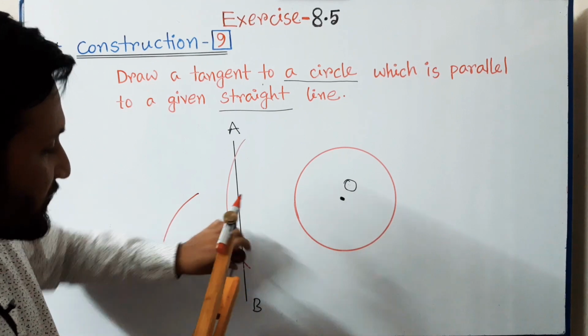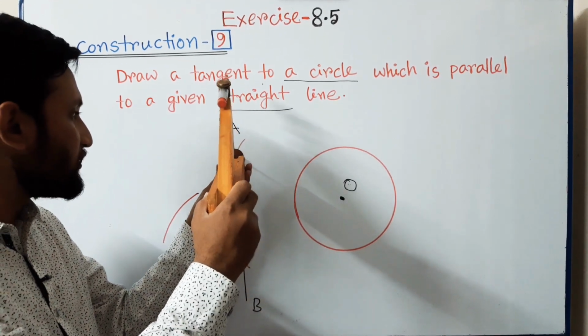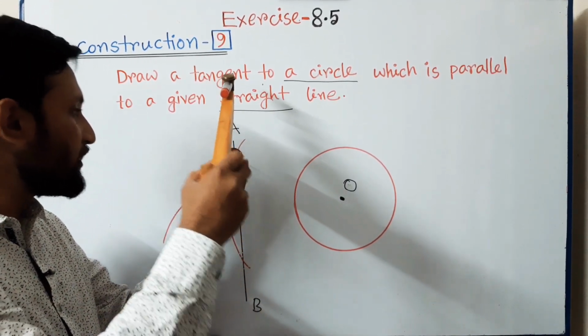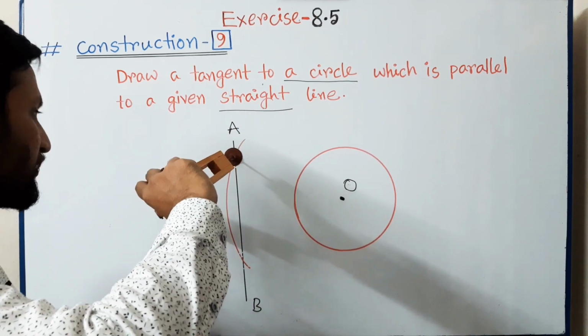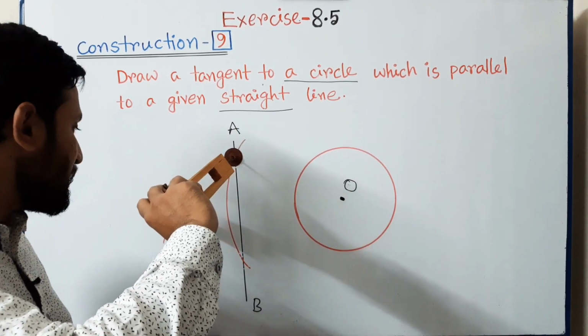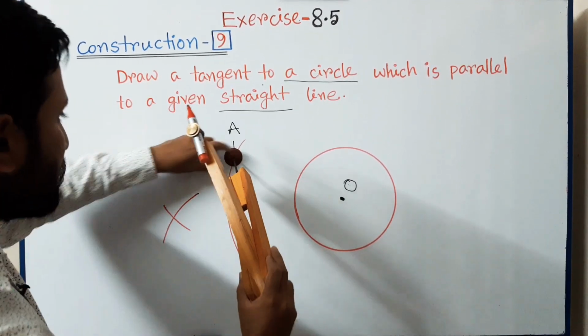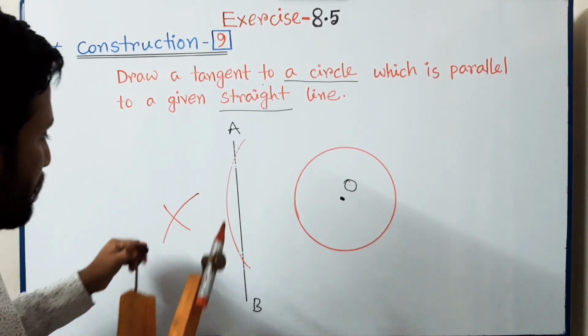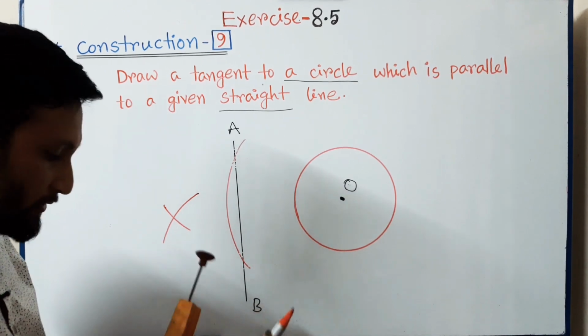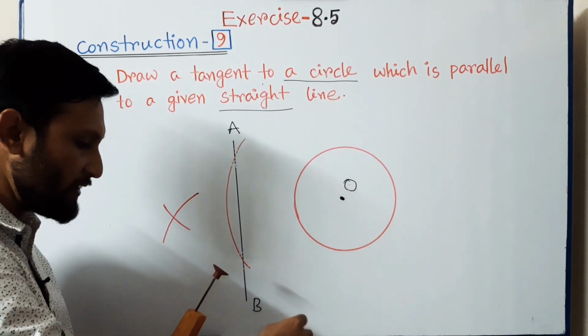Now set this compass on another point and draw another arc with the same radius here. Here see that these two arcs intersect at this point.